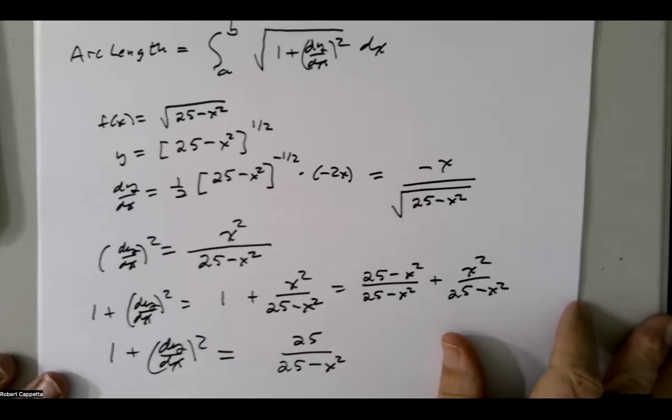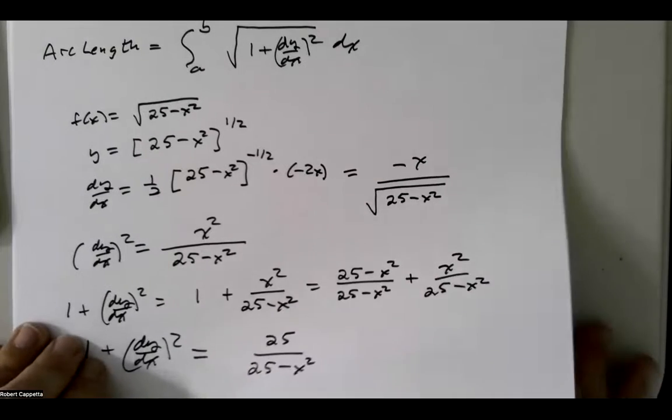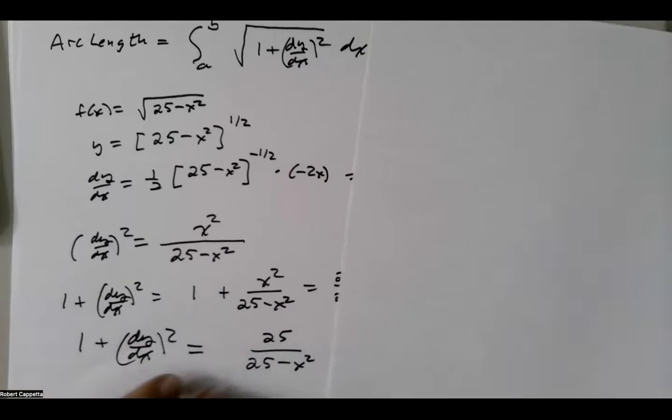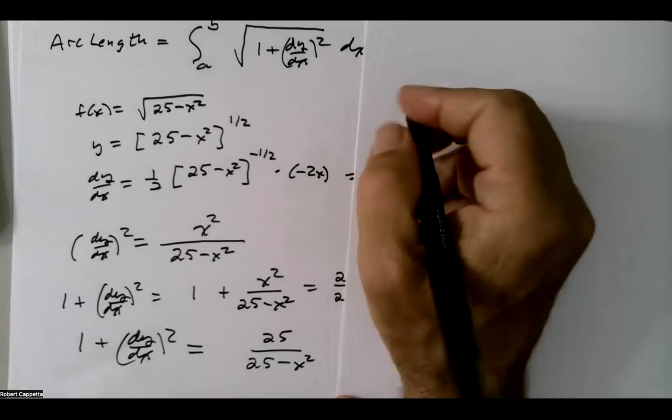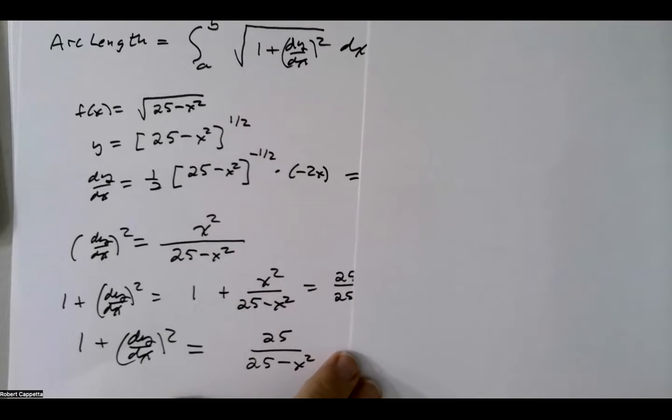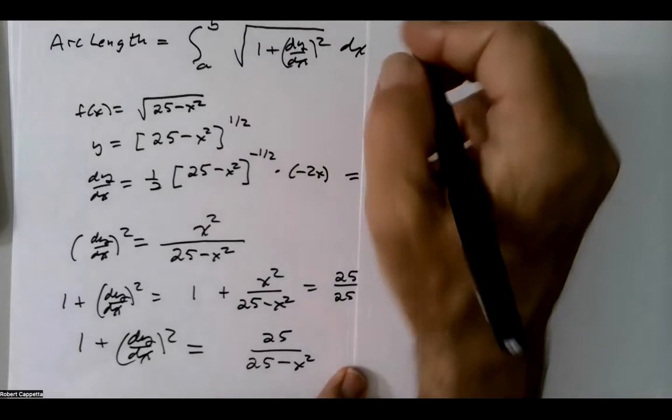So what can we say about that? How can we make sense of that? So the arc length will be what?